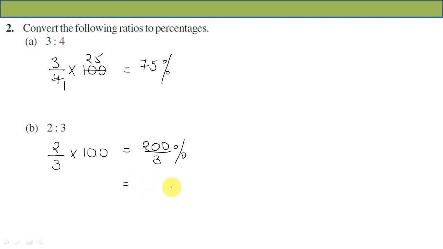So if I am leaving the answer in the fraction form, I need to write it as a mixed fraction. So it will be 3 6s are 18, 3 6s are 18, remainder 2, so 66 and 2 by 3 percentage, or you can say 66.67 percentage in decimal. So this is the answer in fraction, and this will be the answer in decimal.